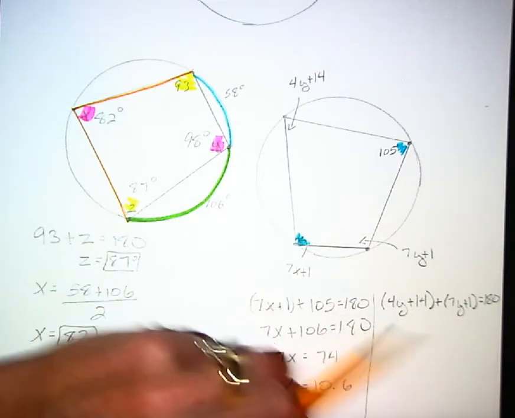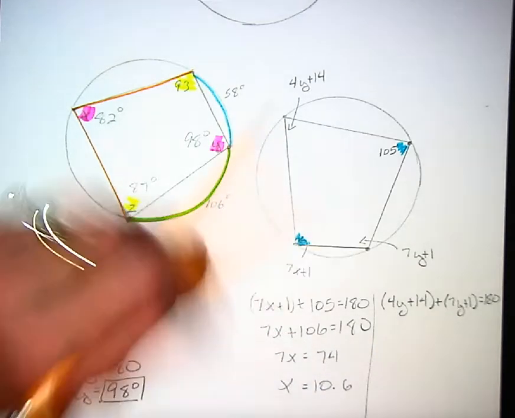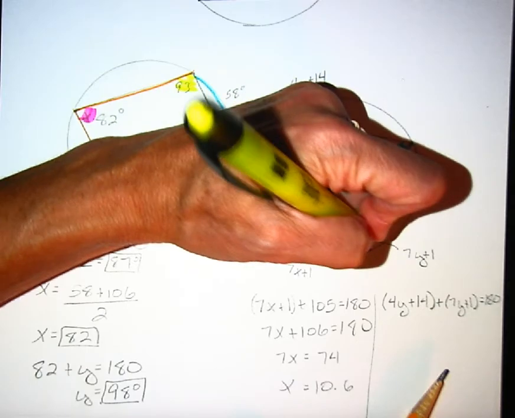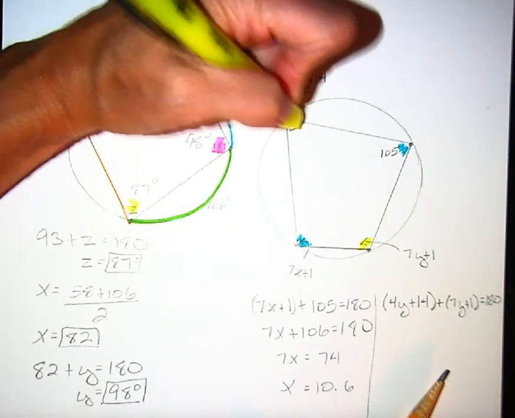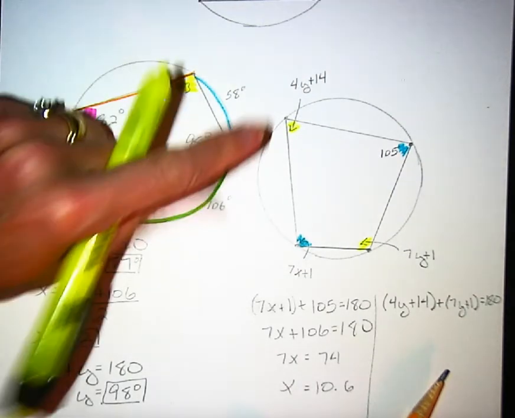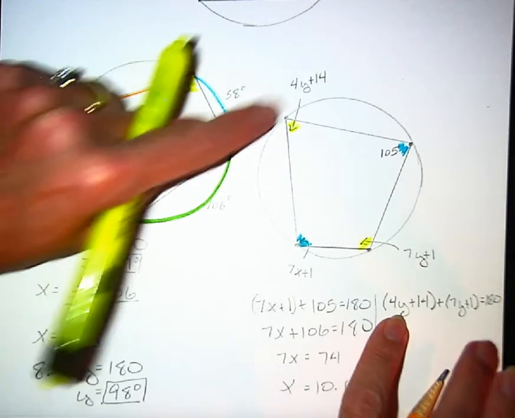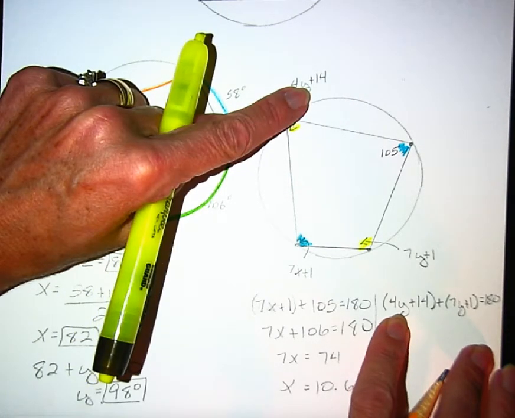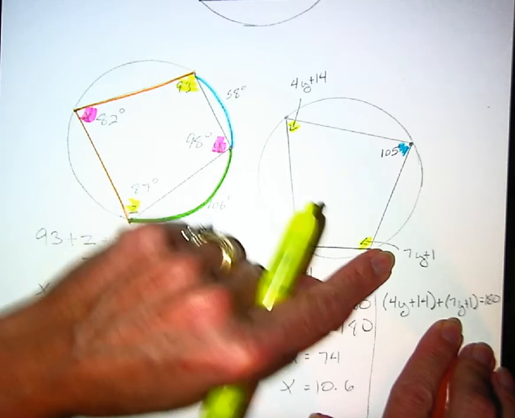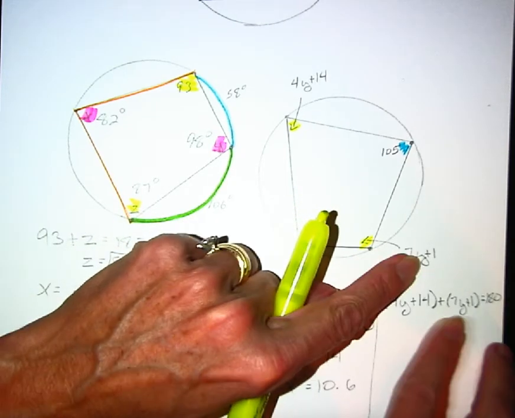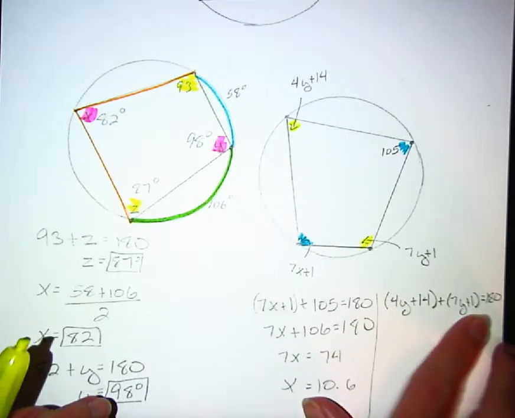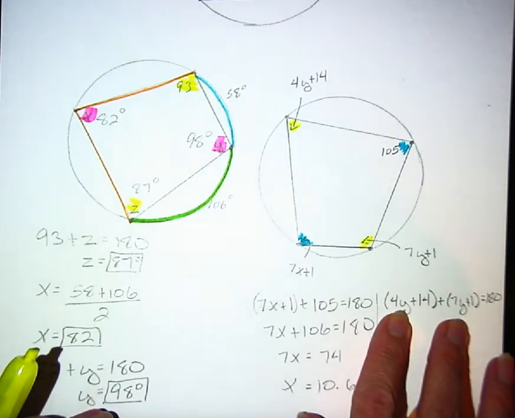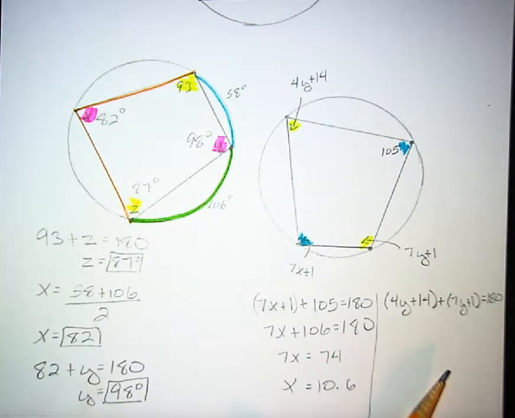And over here, since I know that these two are also supplementary, I should be able to add them together. So 4y plus 14 plus 7y plus 1 equals 180. Then just combine your like terms and solve for y there.